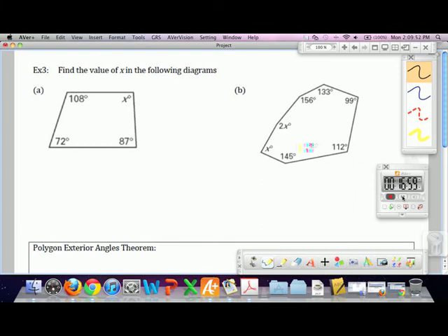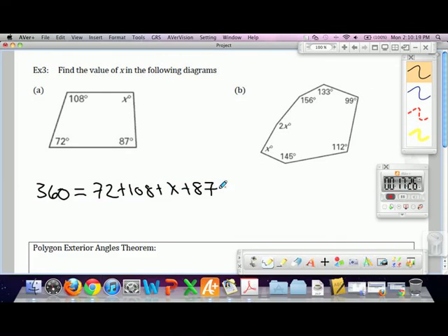It's a 4-sided figure. 4 minus 2 is 2. 2 times 180 is 360. 360 should be equal to the sum of each interior angle. So if I add up the 4 interior angles, that should add up to 360. So 72 plus 108 plus x plus 87 should be an equation that I could use to find this missing angle measure.